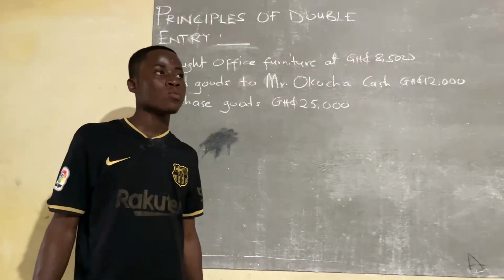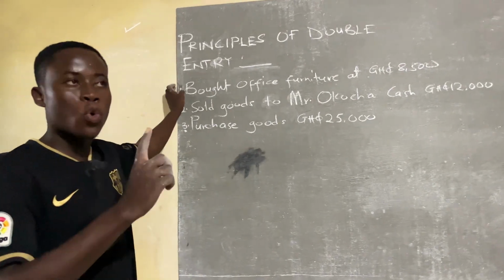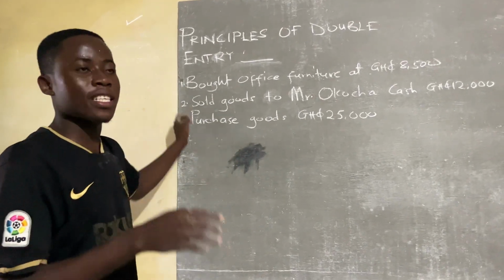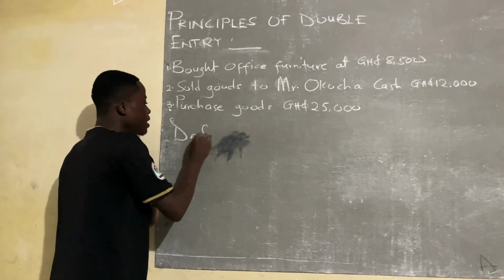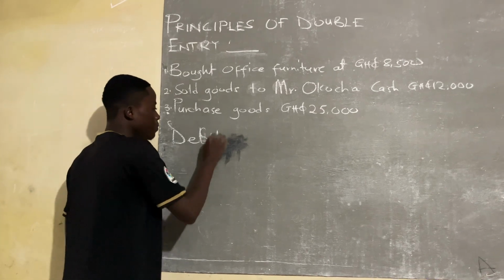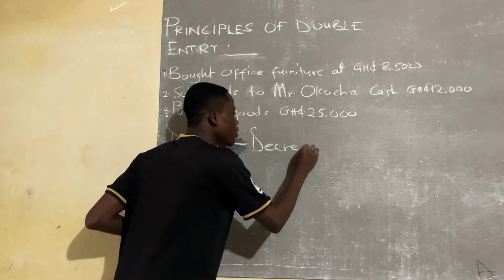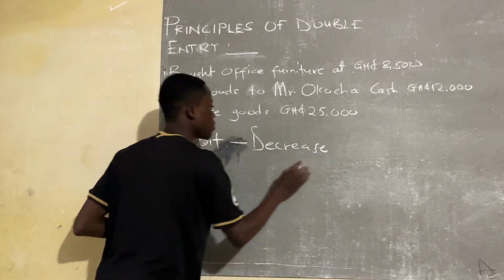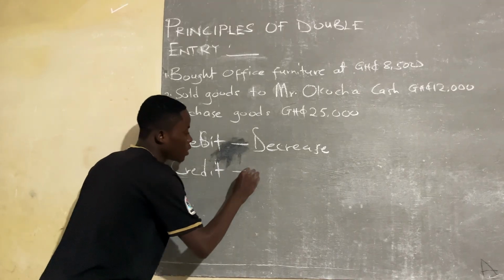Okay, we are yet to confirm whether debit is solely a decrease and then credit is solely increase. Now, so we have our debit, which is decrease, and then credit, which is what?